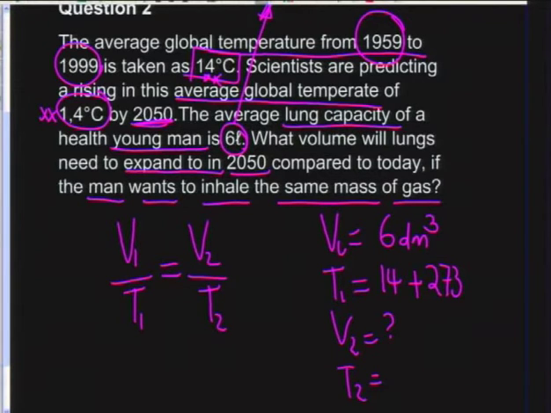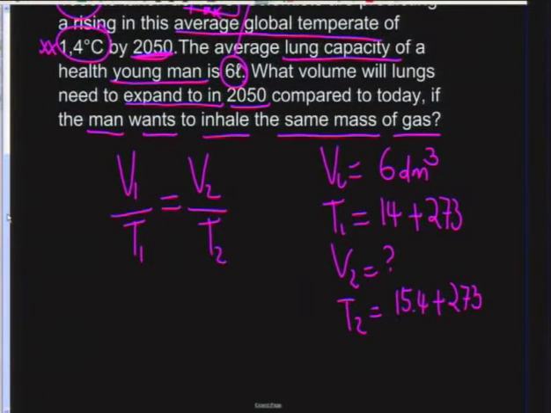So it will be 14 plus 1.4, which is 15.4. Okay, so that will be 15.4 plus 273. Okay, Kelvin. All right, so this is Kelvin, and that is Kelvin.